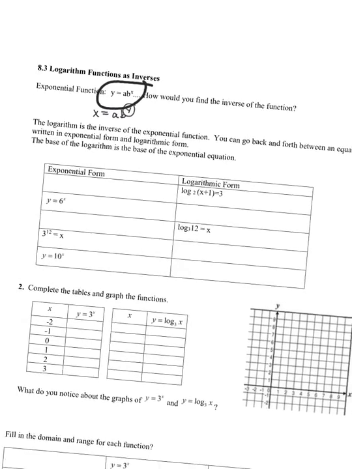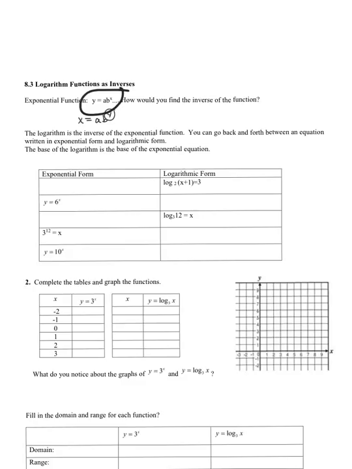A logarithm is a new type of function. You can go back and forth between an equation written in exponential form and logarithmic form. The base of a logarithm is the base of an exponential equation. So if you have the exponential equation y equals a to the x, we can write that in logarithmic form.